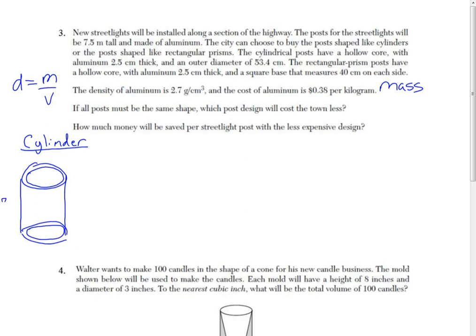So let's look at these dimensions. It's going to be 7.5 meters high, and for the cylindrical post, this is 2.5. If we just look at the base, the circle, on each side we're going to have 2.5 centimeters of aluminum.